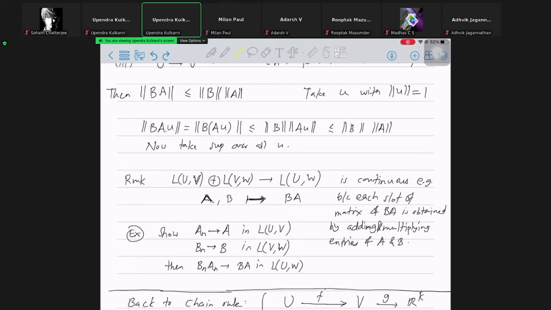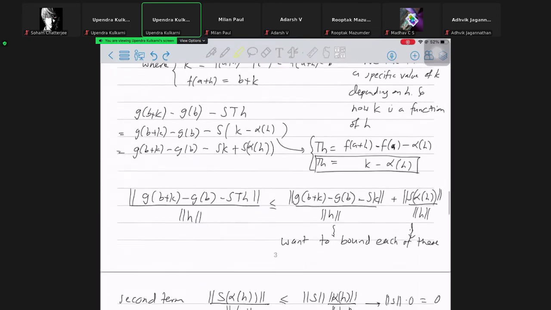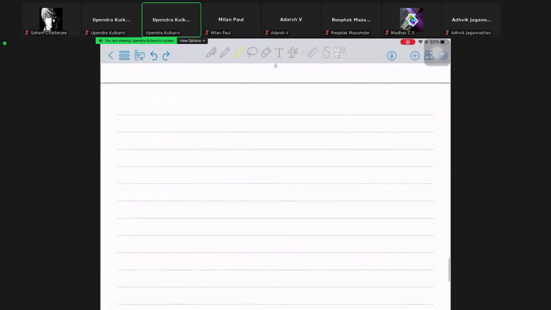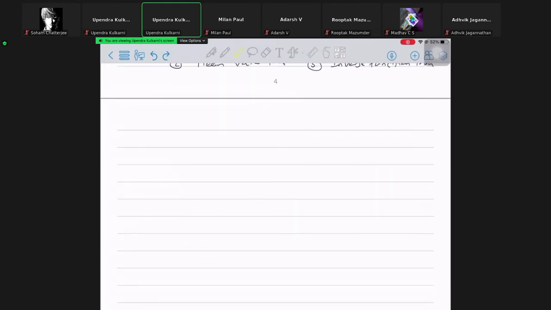Okay, so let's write this down. Let me give a small example. Let us take this map from R3 to R2, where (x, y, z) goes to (x squared plus y, z cubed minus 3, whatever) in x, y, z.